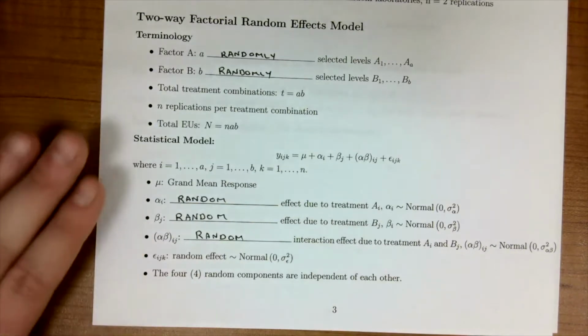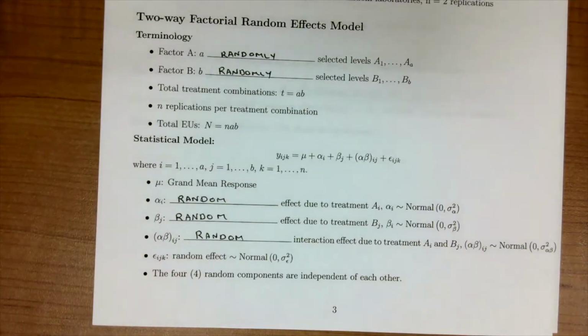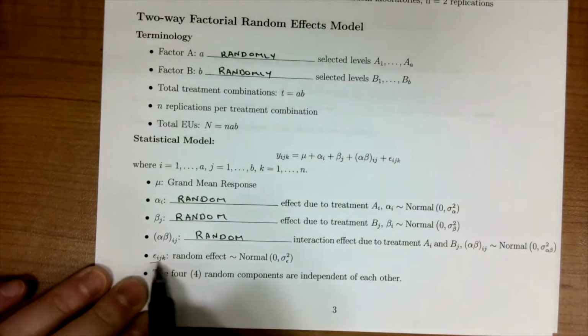Okay. Now, typically in our past videos, I've gone quickly on this section, but there are a couple things that I want to make sure to point out. Previously, when we were only talking about fixed effects, our only random term was this.